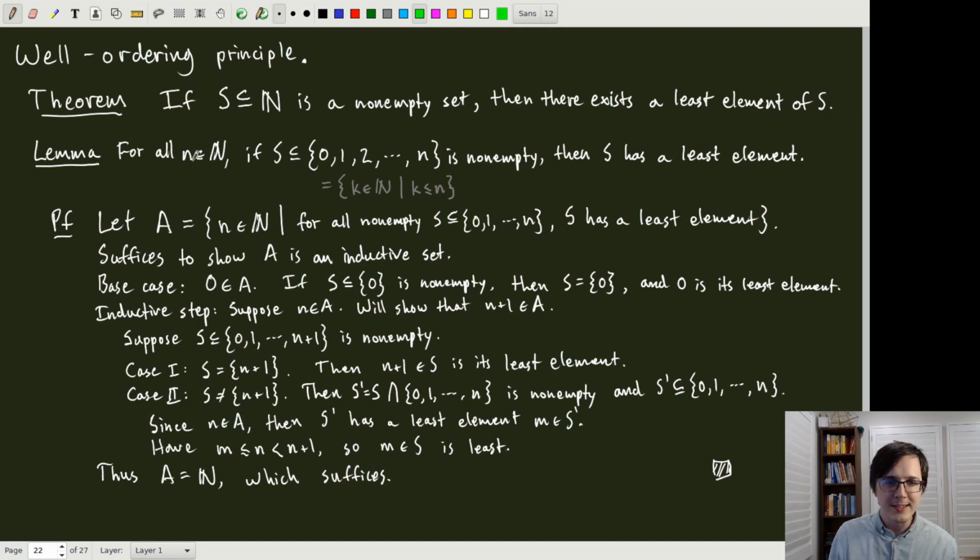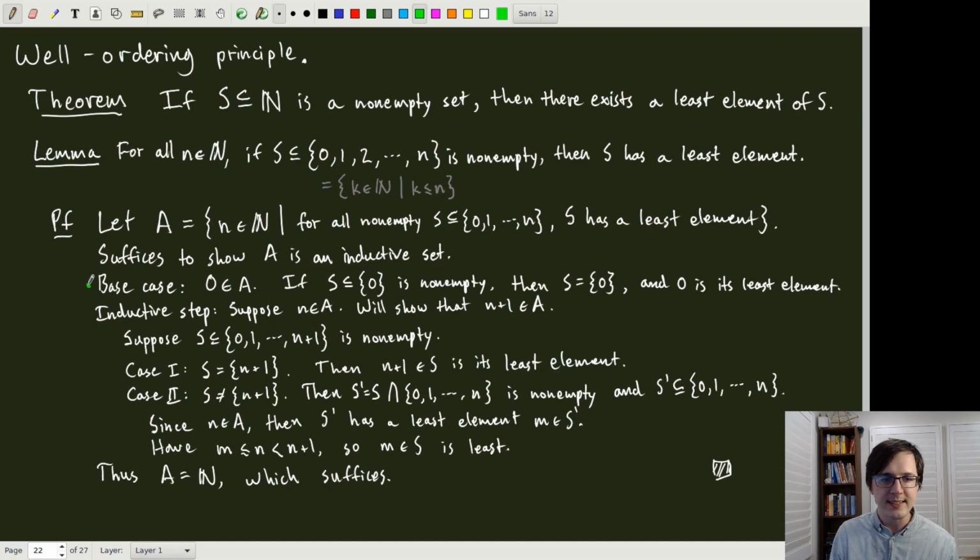Because we want to show it's true for all n, we define the set of natural numbers where it is true. We'll show it's an inductive set. Because inductive sets are equal to the natural numbers, that shows that it's true for every n. I've written the statement of the lemma inside this set builder notation. So we're going to show it's an inductive set.